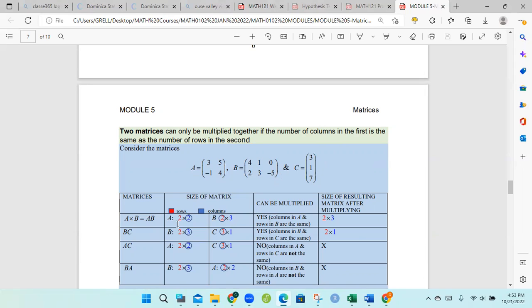When those innermost numbers are equal, multiplication is possible. So that's another way to know if multiplication is possible. The 2 inner numbers must be equal.